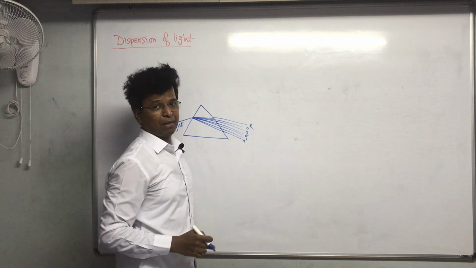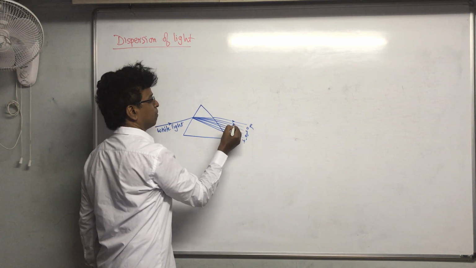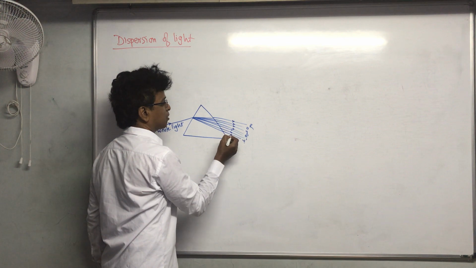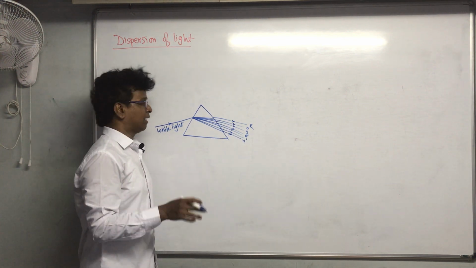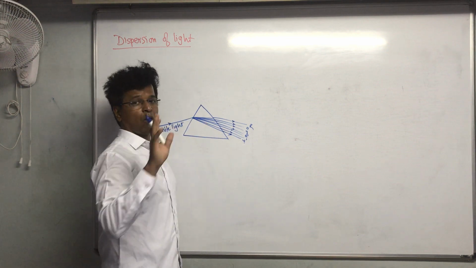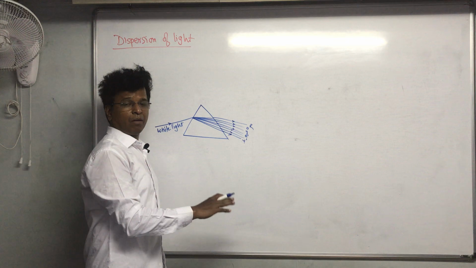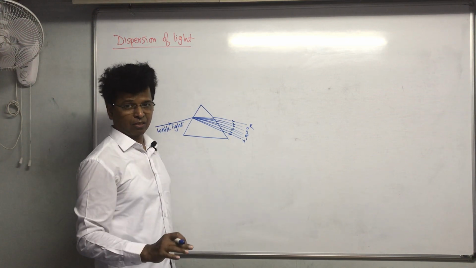Red is the least bent. That is the property. Basically, red has the biggest wavelength, and the shortest wavelength is of the violet color. Fine. This you have to remember very nicely. Diagram will go wrong if you label it in the reverse fashion. Violet will be deviated the most, with the red color deviating the least.